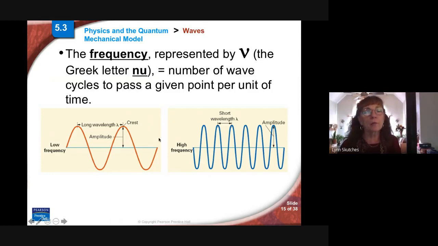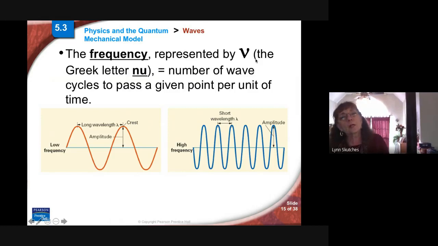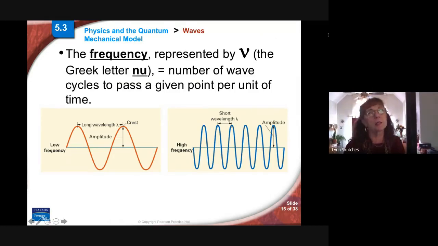And then there's a second wavelength, right? And we represent frequency with the letter nu, and it doesn't look anything like an N. I understand that, but nu is the Greek letter for number, NU and number, of wave cycles to go past a point in a given unit of time.